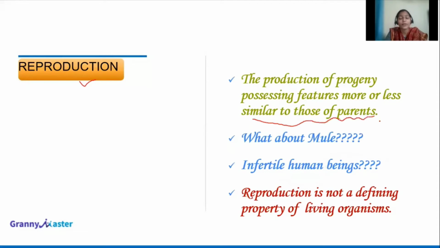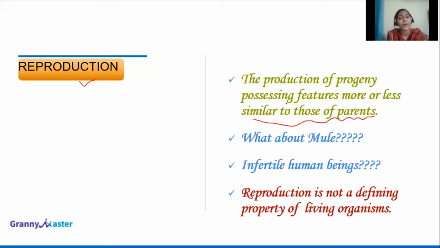This is very important in the definition of reproduction. Re is repeated. So the process of producing young ones that are more or less similar to their parents is considered reproduction. This was considered a very important characteristic feature of living things.